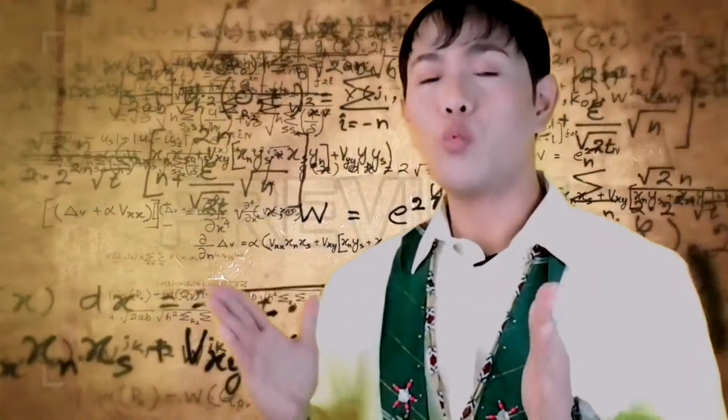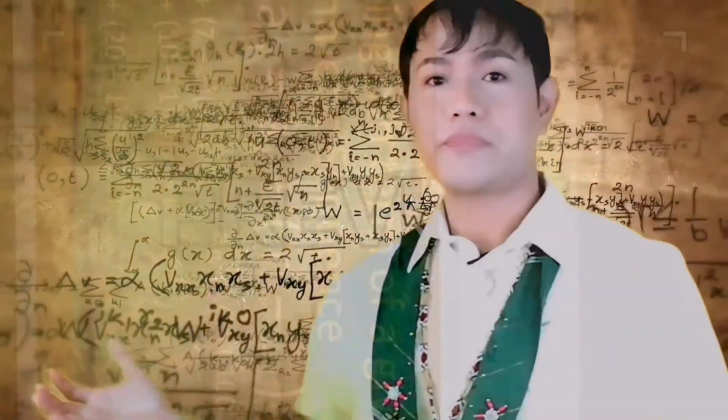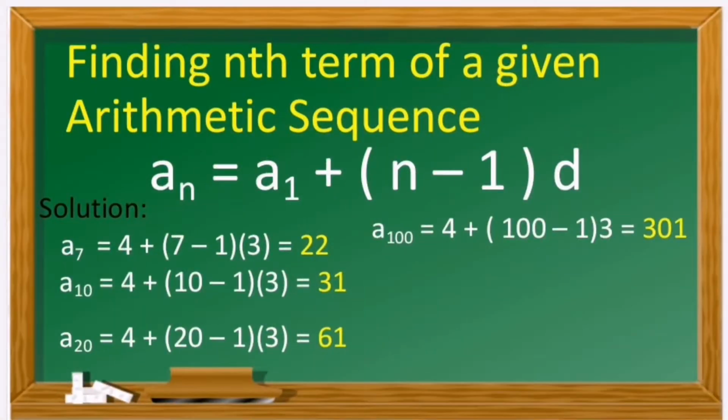Now, how are we going to use that in our solution? First, finding the 7th term. You can have it as a sub 7 equals the first term in our sequence, 4, plus the quantity of n minus 1. n will be substituted by 7 and multiplied by the common difference of 3.